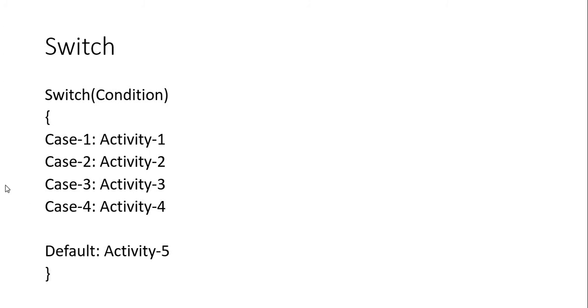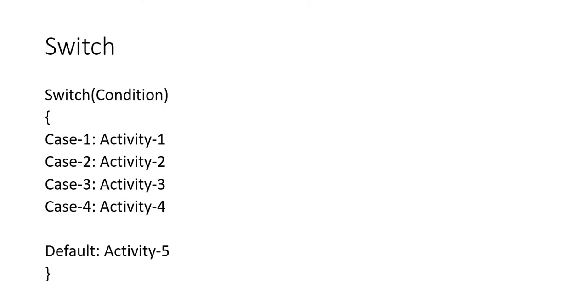At that time, my case 3 statement will get executed, so activity 3 should execute. If I am using the input as 1 plus 1, case statement 2 will get executed, so activity 2 will be executed. If my condition is not matching any of these case statements, a default case will be there, so that activity should execute.